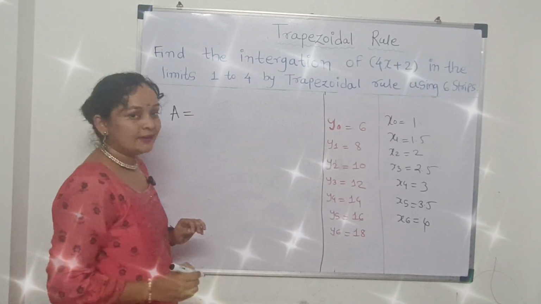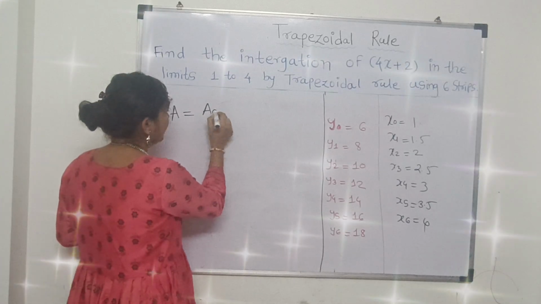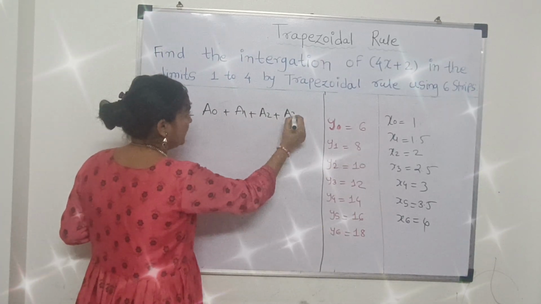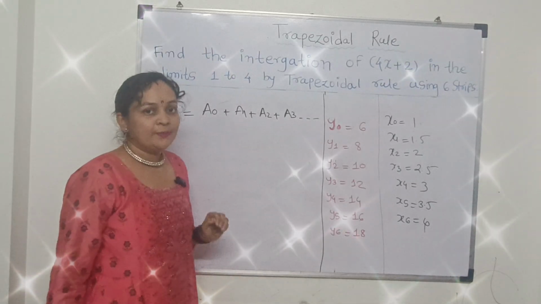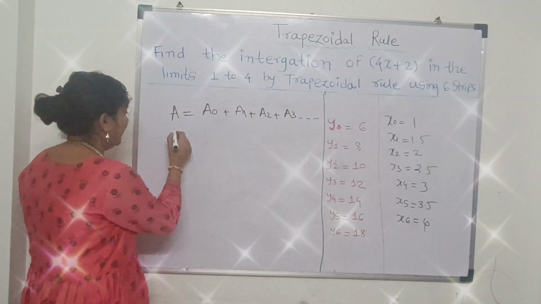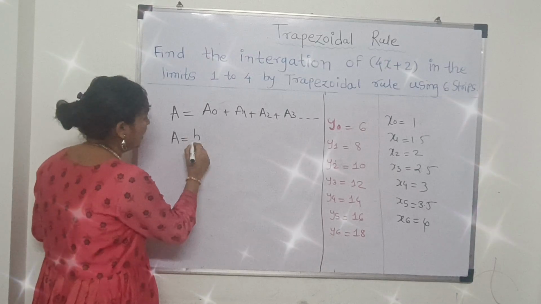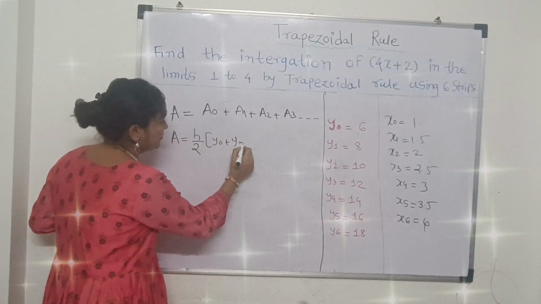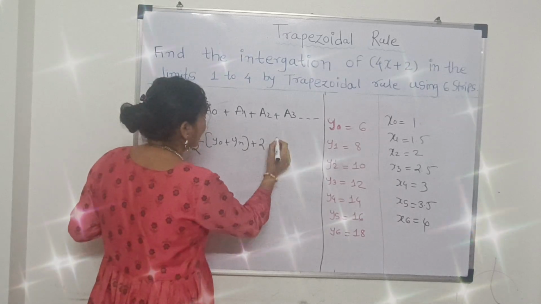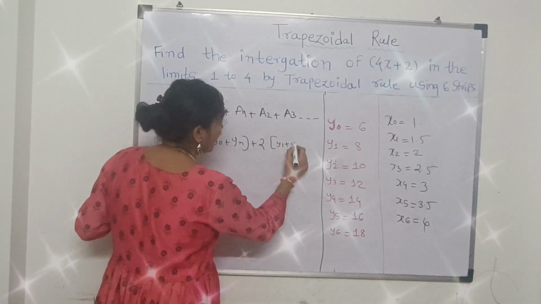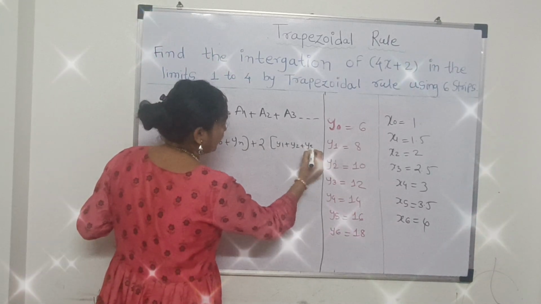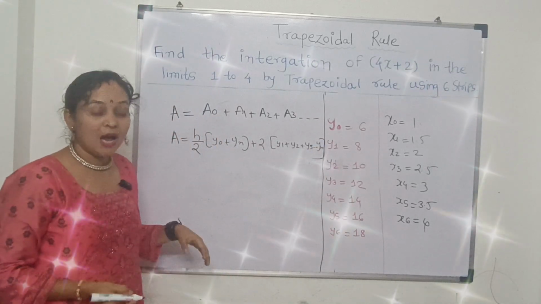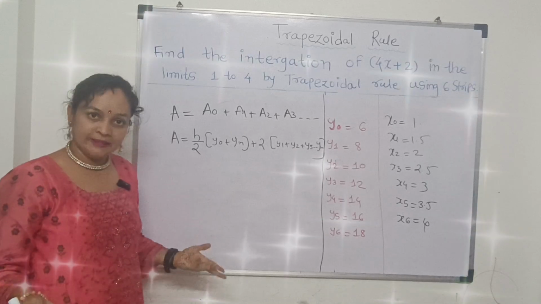The formula is A equal to A0 plus A1 plus A2 plus A3, in the different segments. Now area is equal to h by 2 into y0 plus yn plus 2 multiplied by y1 plus y2 plus y3 up to yn. So this is the generalized formula to calculate the segmental area.